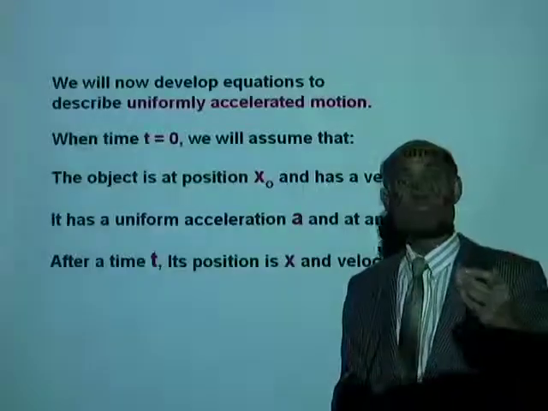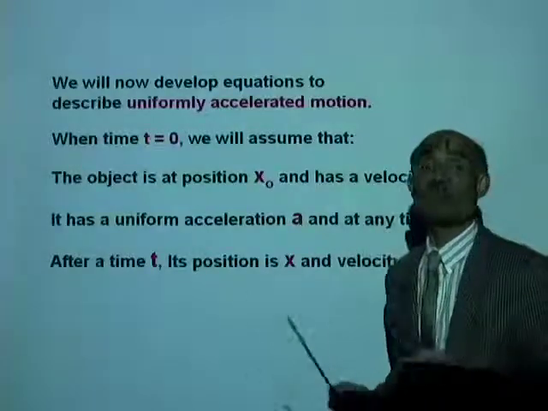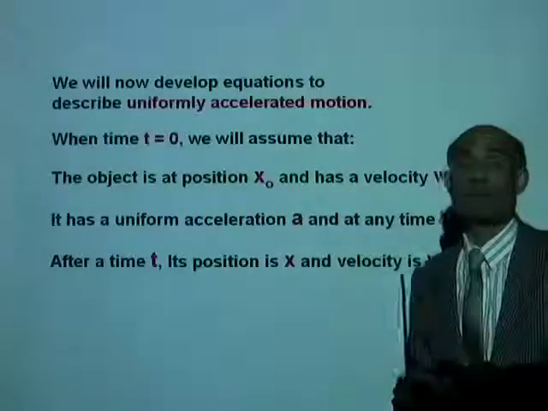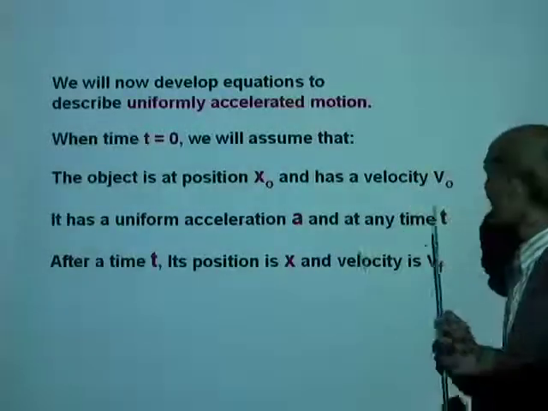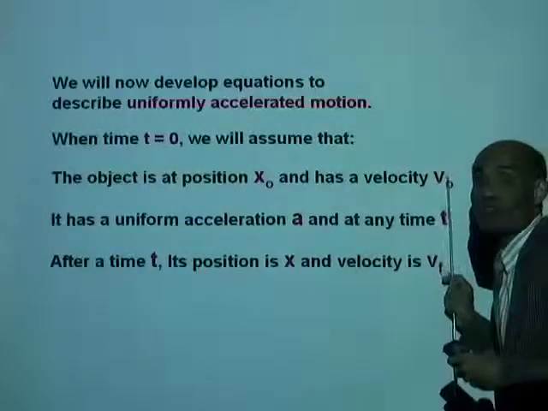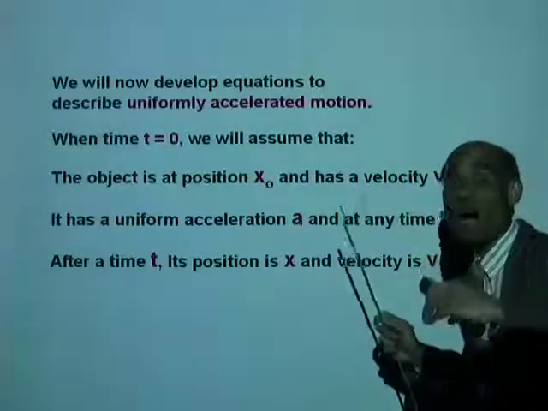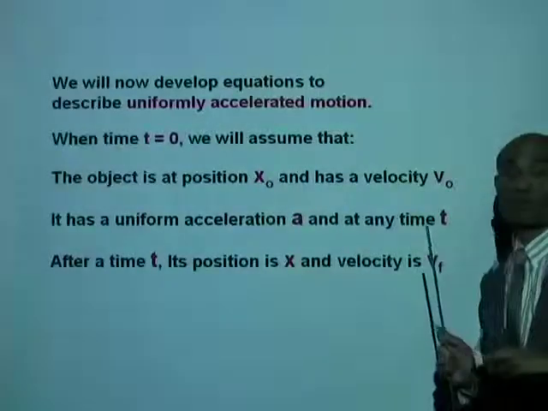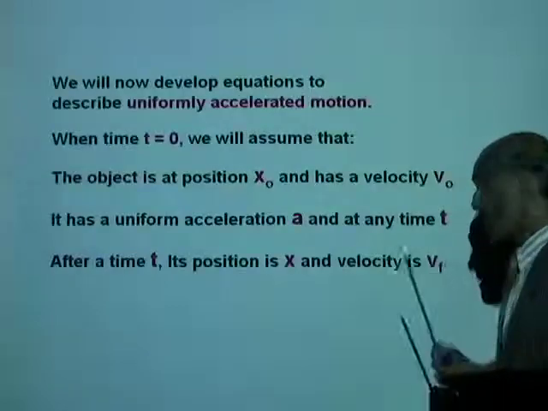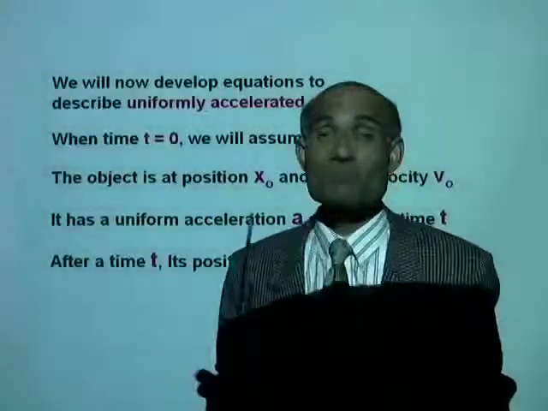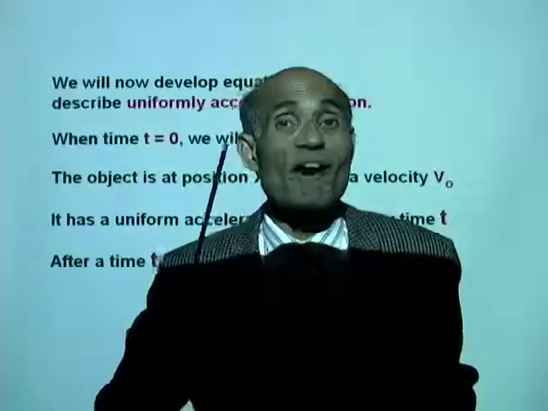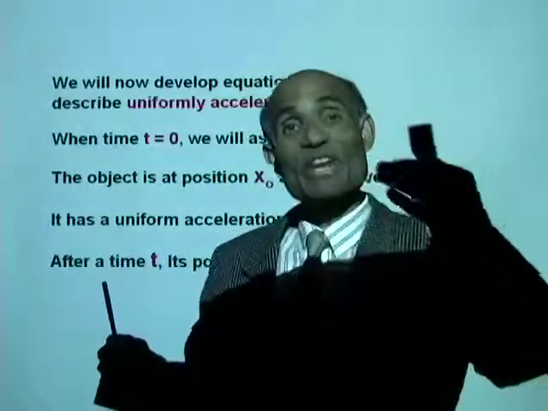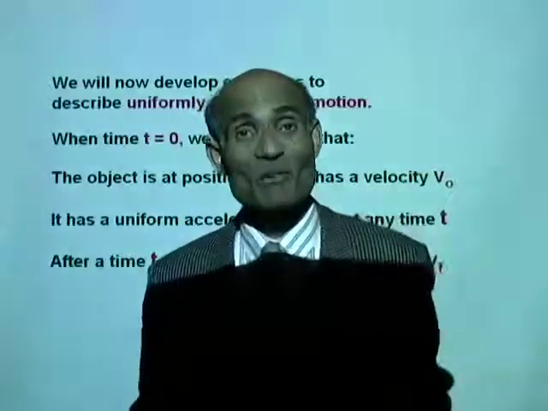X represents the position at any given time, and its velocity is v sub f, final velocity. You see that? As I told you, very often I will use v sub i for v0, initial velocity, and I have also a habit. In place of v sub f, I will simply use v. V is the velocity at any given time, the final velocity.